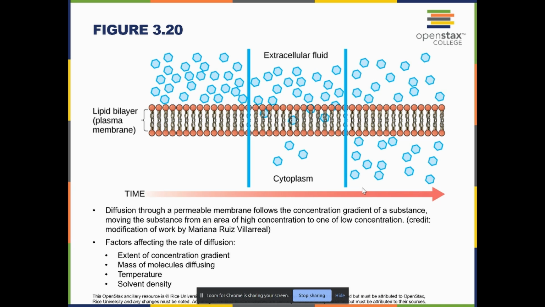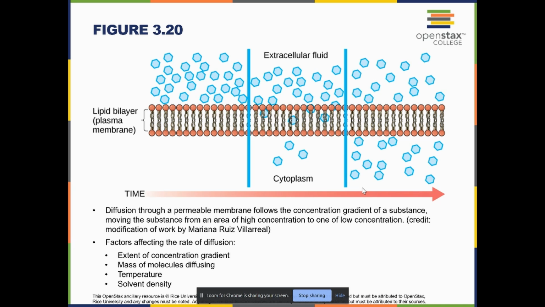So here we can see simple diffusion. Notice that over time, we have molecules that are bumping into each other, moving from the extracellular fluid space through the membrane into the cytoplasm. So it's a passive transport process because something is moving from high to low concentration with no energy being expended. This is also simple diffusion because there's no channel or carrier protein helping out these molecules.